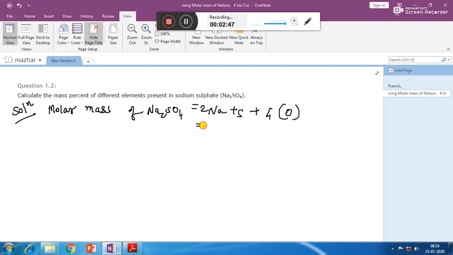That is equal to 2 times, now Na is having atomic mass 23, plus sulfur, so that is 32, plus 4 times 16.